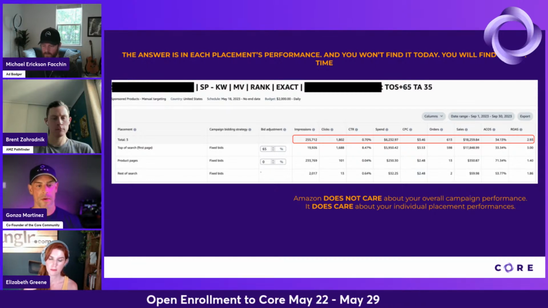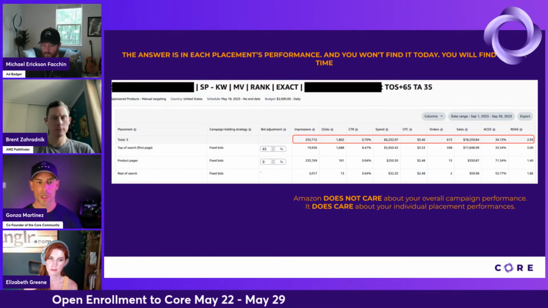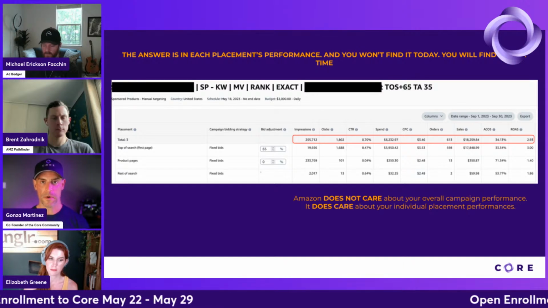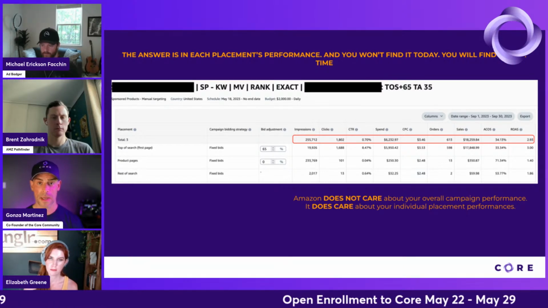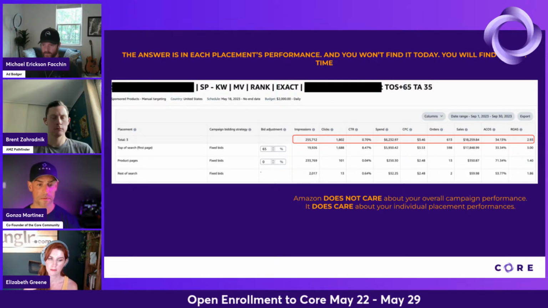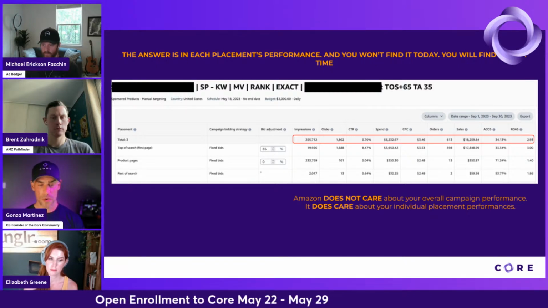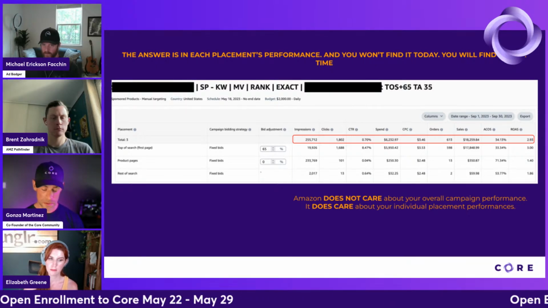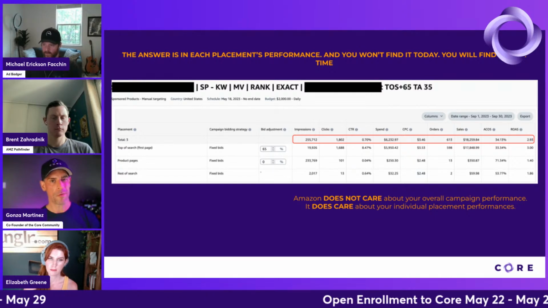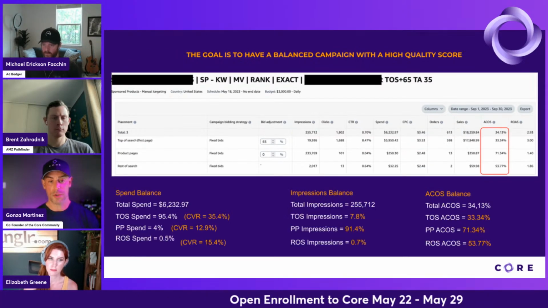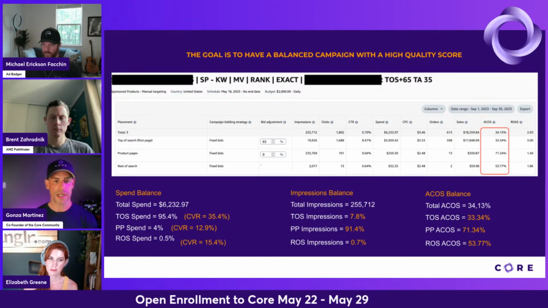So we advertisers look at the overall campaign performance. Amazon does not care about that particular number. It means nothing to them. It's just an average of individual placement performance. So thinking about optimization in terms of that overall ACOS is not really important, and you should not think that way. So let's look at this example, right?